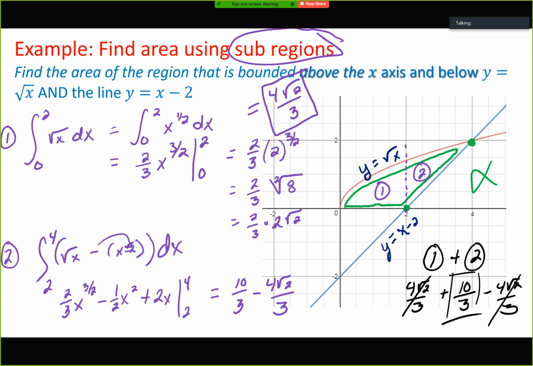Yes, Lena. Say again. So if you do an integral from 0 to 2 and you include this x minus 2, it's going to find this part as well, and you don't want to find that part.